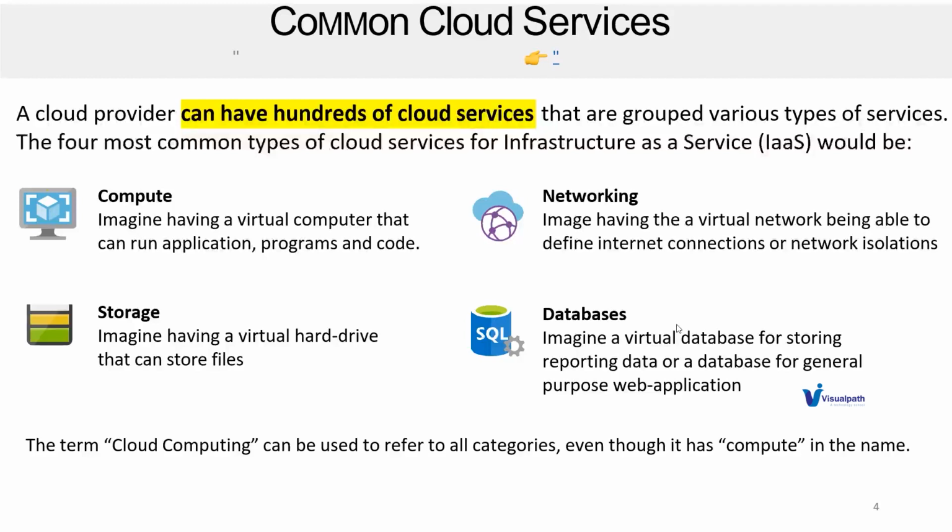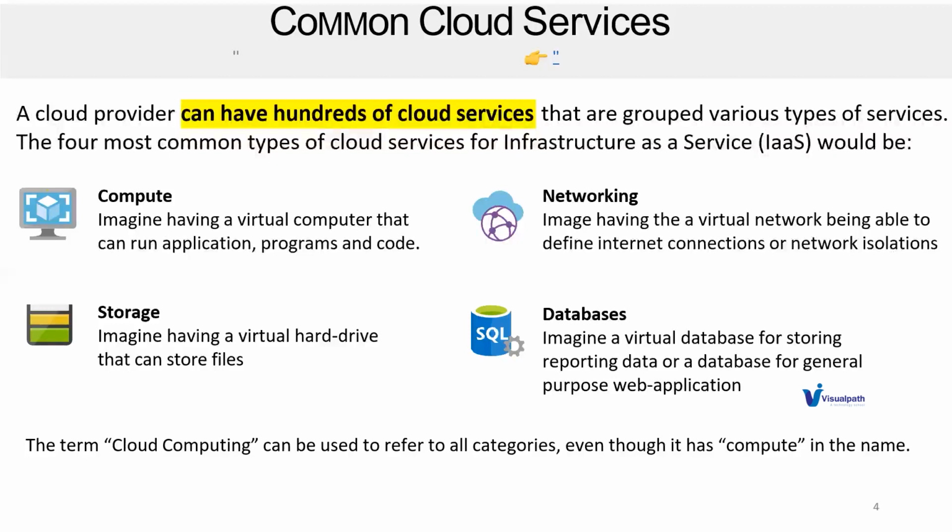Apart from all these things, there is one more important thing, which is your security. Security is important because we are going to host all our information and applications within a cloud, so the information should be secured.